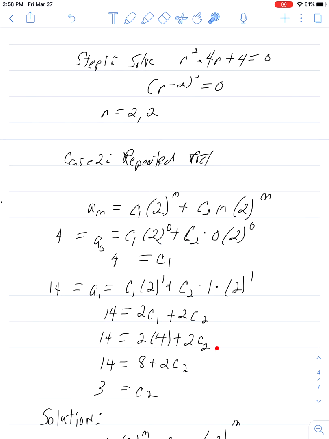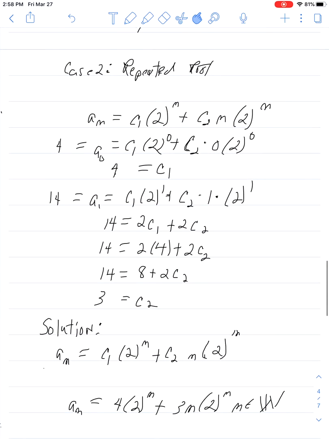Plugging that in, I get 14 is equal to 2 times 4 plus 2c2. Hence, c2 has to be 3. So now I know what c1 is, I know what c2 is, I know my solution looks like that.